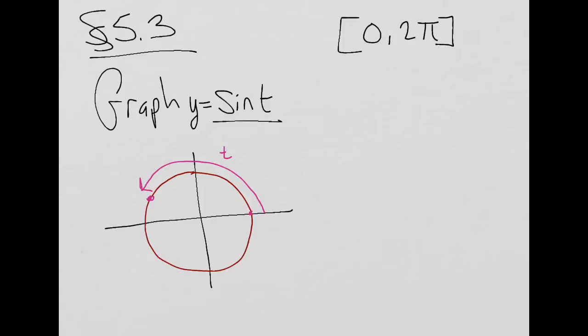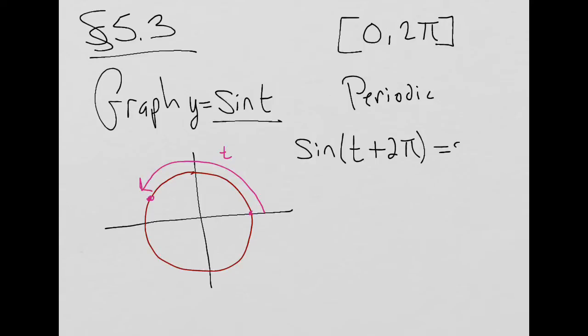And this is what's called periodic behavior. What I get is that the sine of t plus 2 pi equals the sine of t.